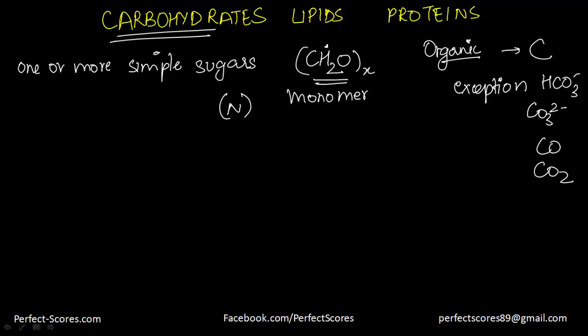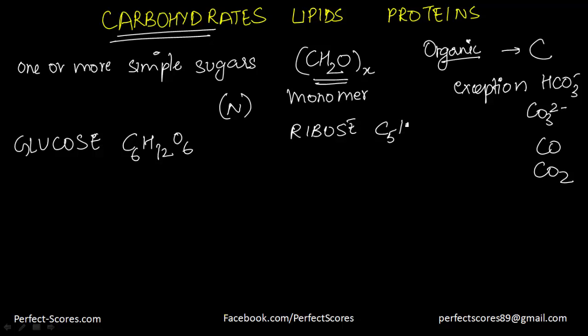So let me give you an example of two very commonly used sugars, that is glucose and ribose. Glucose is C6H12O6 and ribose is C5H10O5.